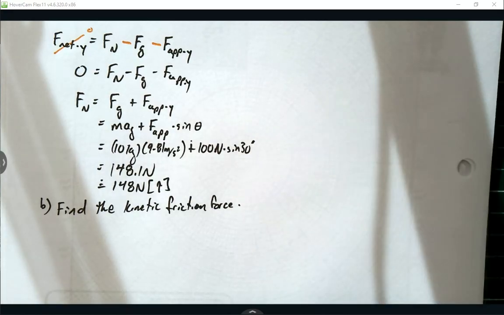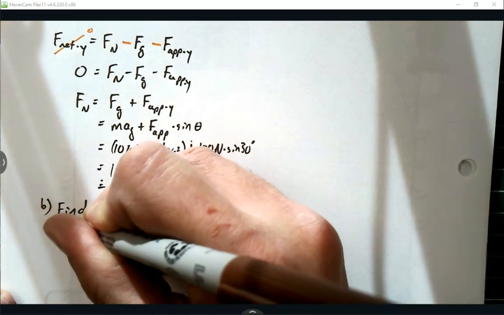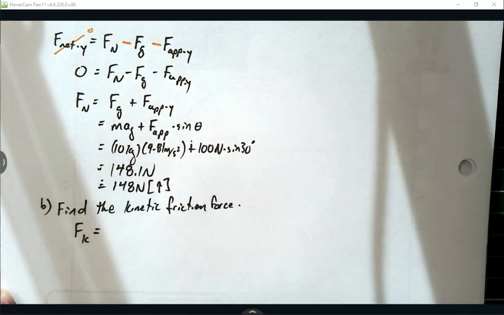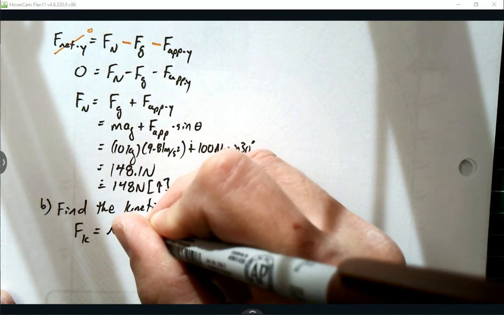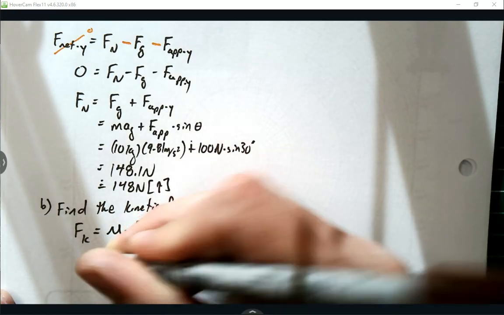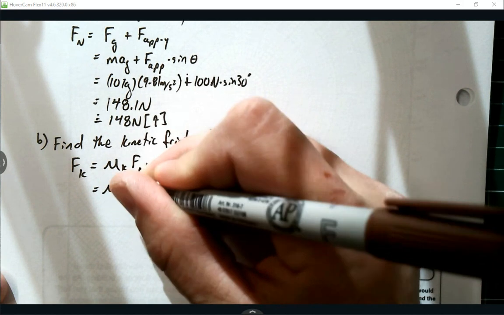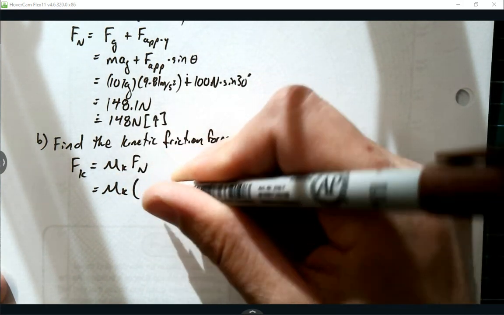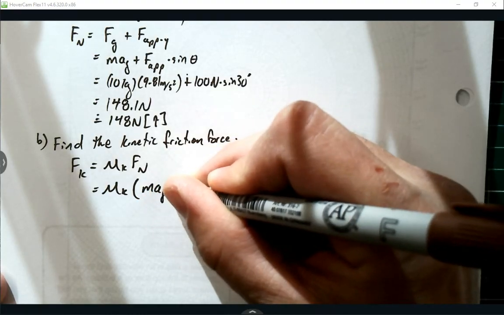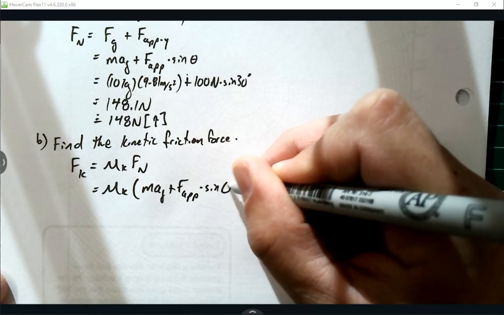Now for us at this point, we've actually calculated 148.1 as being the unrounded normal force. If I was somebody who was going to be just thrown in at part B, skip part A, just do part B, thank you very much. You would start off like this, and then what we did in part A was find a generalized equation for normal force. And so if I hadn't already done part A, it would make total sense to say mu k times open bracket mag plus F applied times sine theta.